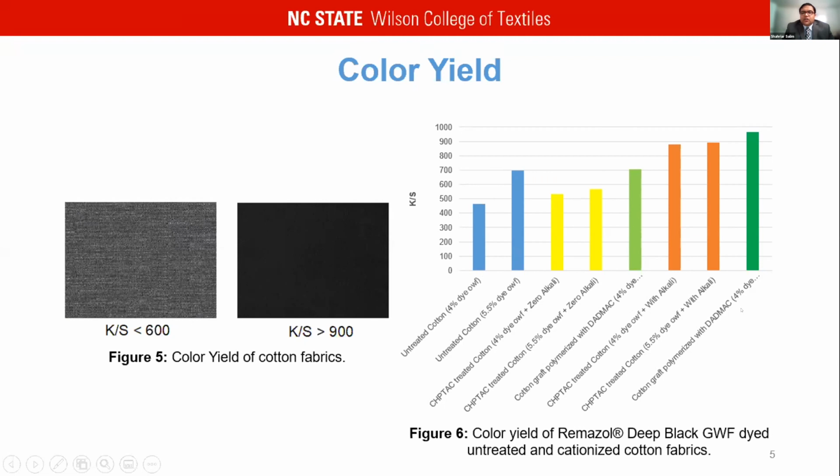It was also observed that cotton graft polymerized with DADMAC, which was dyed using alkali, has the highest color yield, which was more than all of the rest.